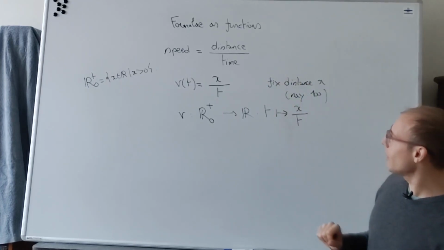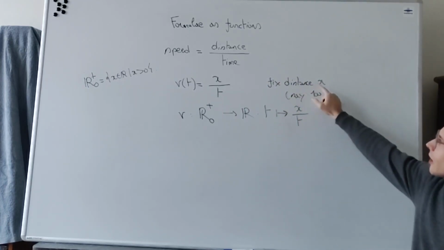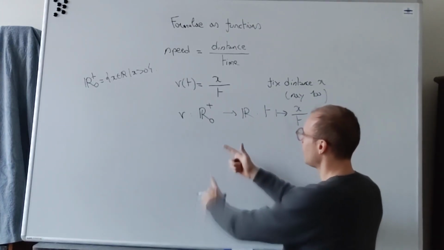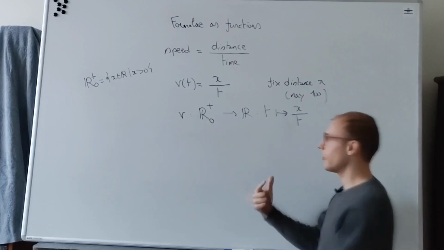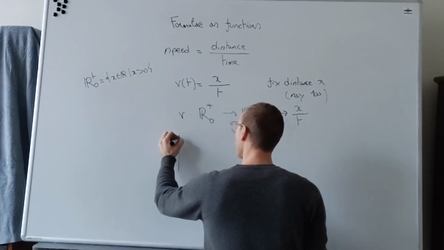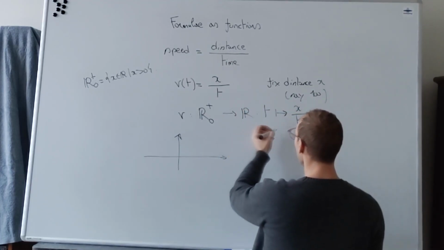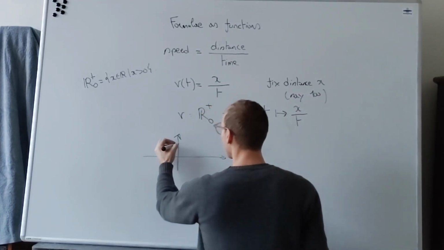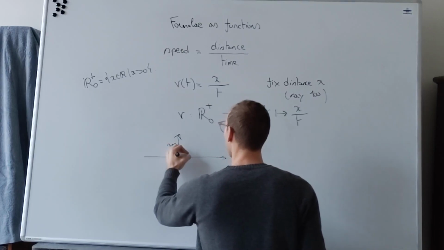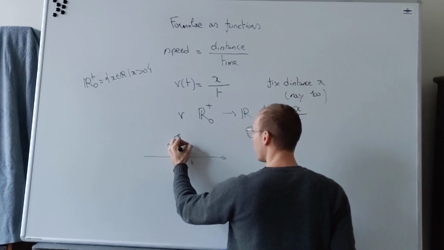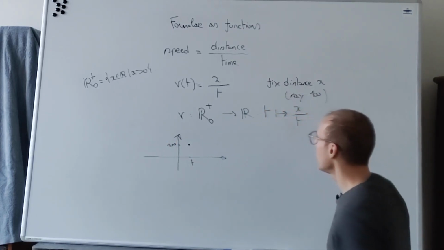So I have a formula, and if I now fix, let's say, the distance, I actually get a function. This is a subset of the real numbers, so I can also draw the graph of that function. For example, if my x is 100 and my t equals 1, then I divide 100 by 1, so this point is on my graph.